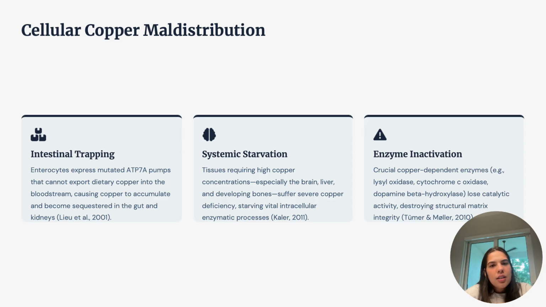This creates a state of symptomatic starvation in tissues requiring high copper concentrations, like the brain, liver, and developing bones. Consequently, crucial copper-dependent enzymes like lysyl oxidase, cytochrome c oxidase, and dopamine beta-hydroxylase lose their catalytic activity, destroying structural matrix integrity.